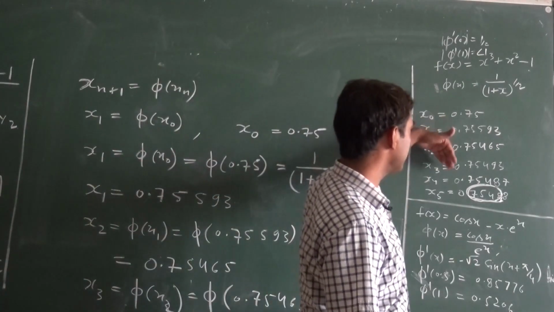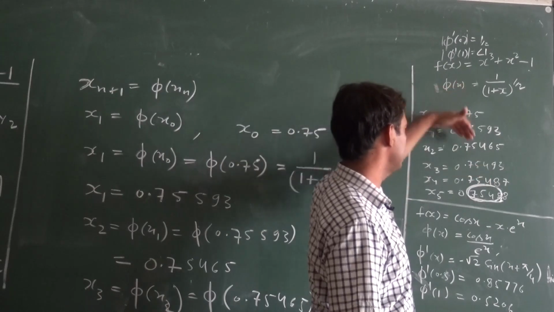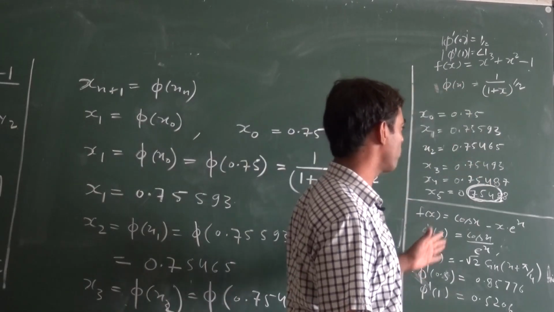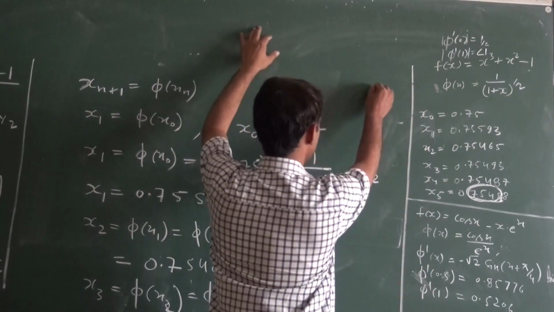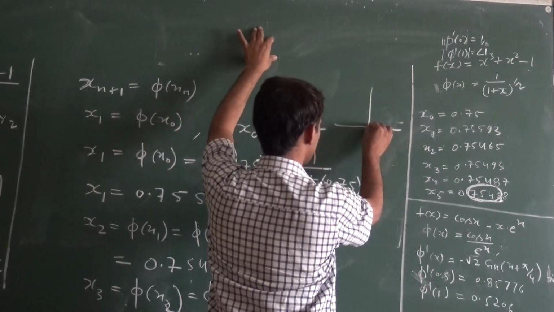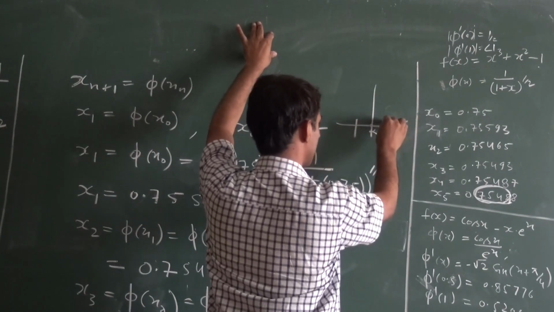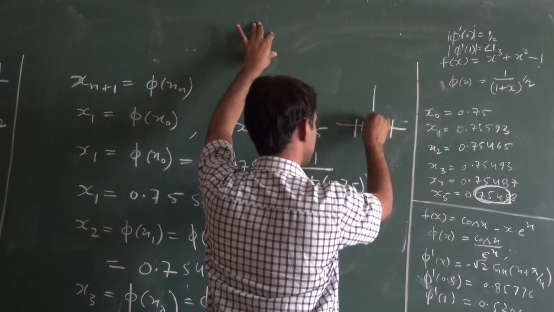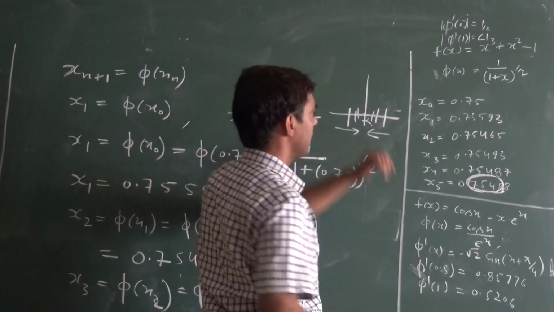In case of a staircase, the value either always decreases or always increases, approaching our actual root. But in case of a spiral, suppose this is the root alpha. First we move to the left-hand side, then right, then left, then right. Means we approach from the left, also from the right.